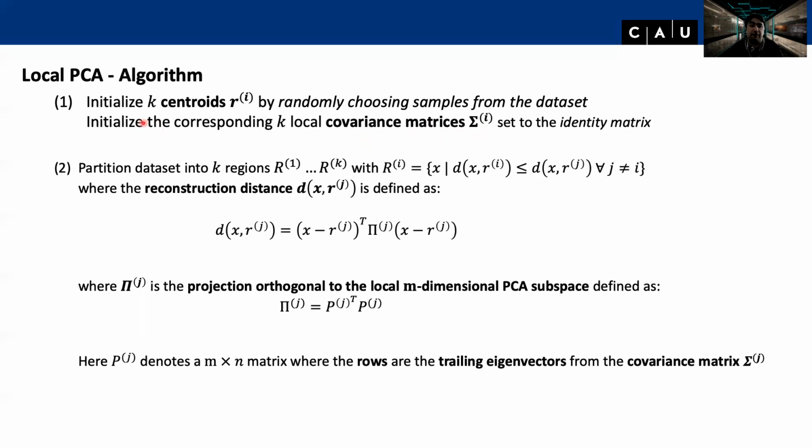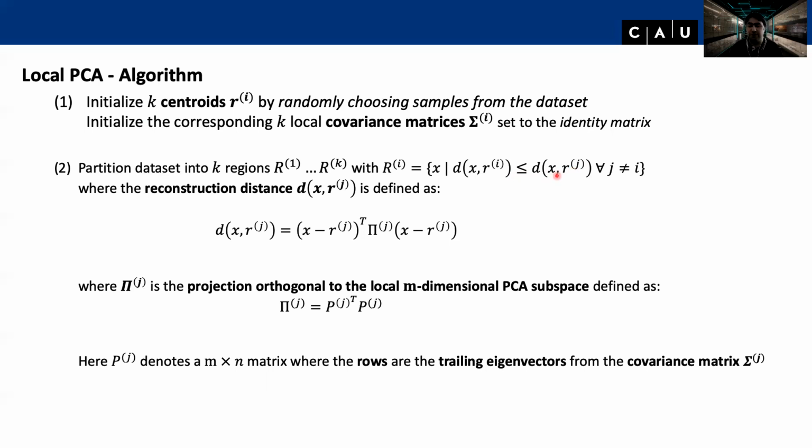What happens next after having initialized randomly the centroids by sampling them from the data set and by initializing covariance matrices? We start partitioning the data set into k regions, denoted with R1 to Rk, where it holds that if you're given x with centroid Ri, this distance is smaller or at maximum equal to the distance of x to a different centroid Rj.